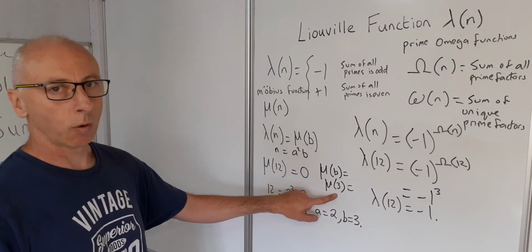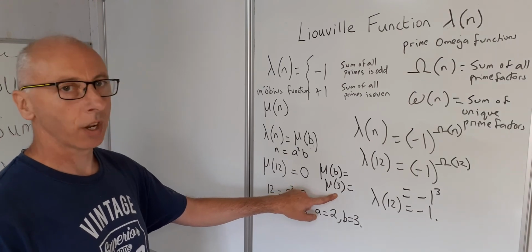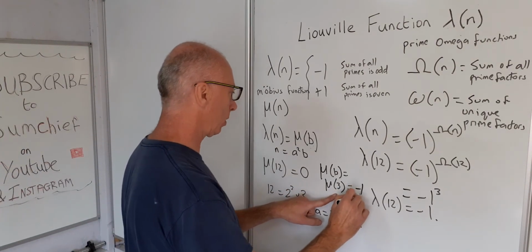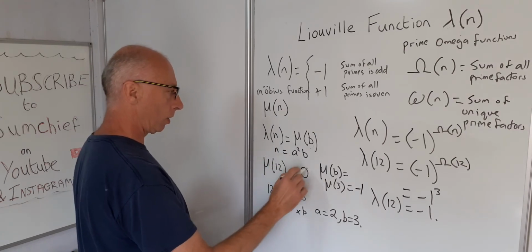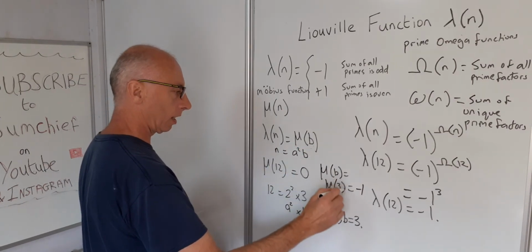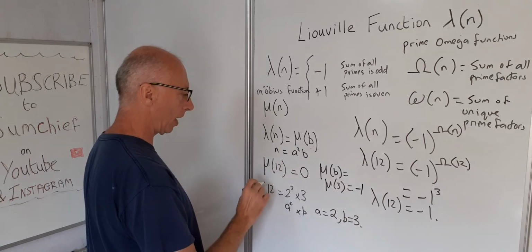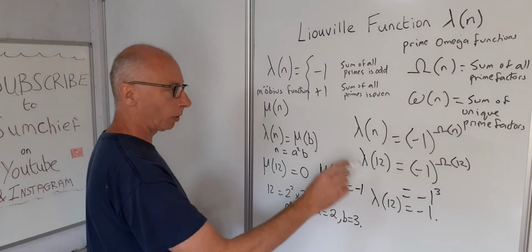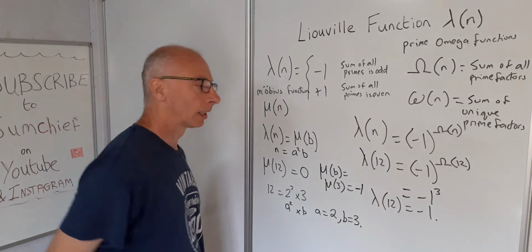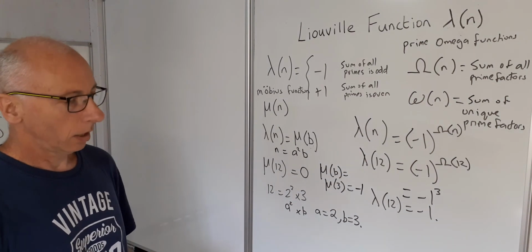And 3 has only got one prime factor, so as it's an odd number, that takes the value minus 1. So in this case, we get mu of b equals minus 1, and lambda of n is also minus 1, which we calculated here. Okay.